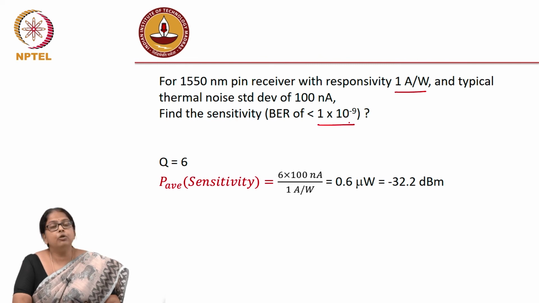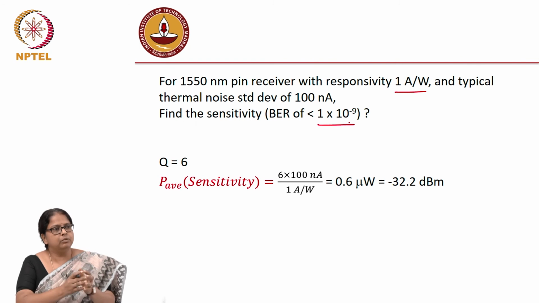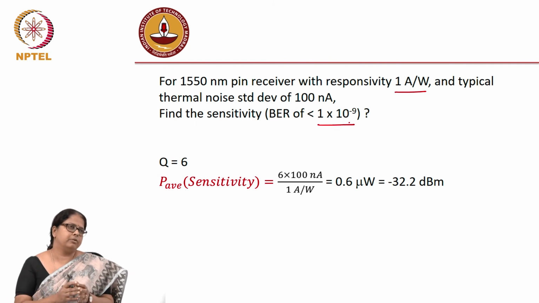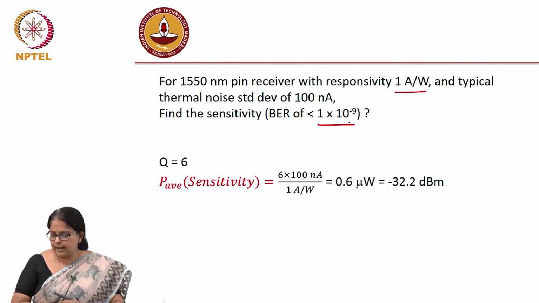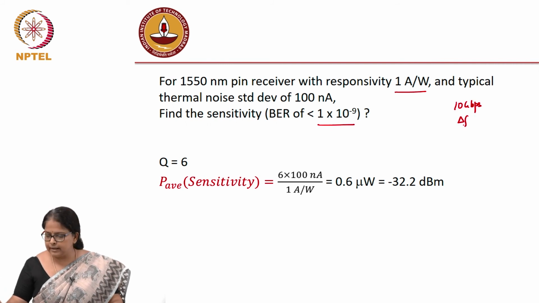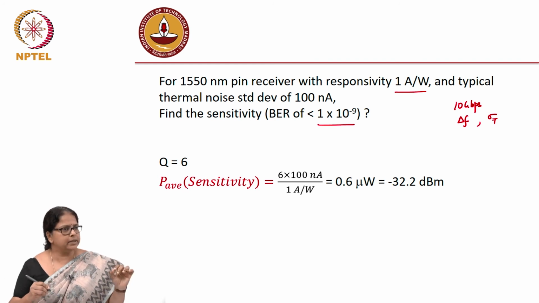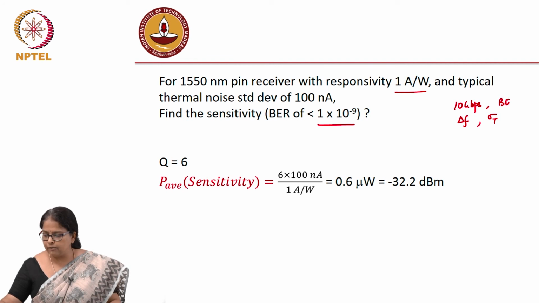This is how you are going to decide how to optimize the length of the link. So, you will start the link design by saying that I want to operate at, let us say, 10 Gbps. That fixes my delta F, that fixes my thermal noise, and I also say that I want to operate with a BER of less than 10 power minus 9.